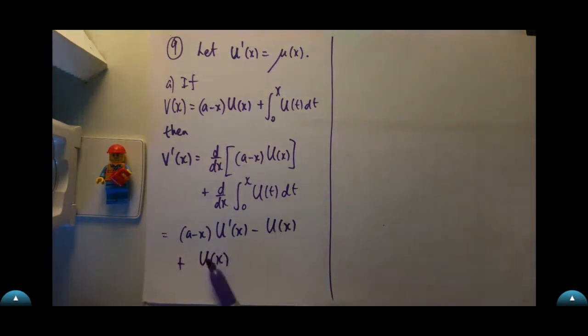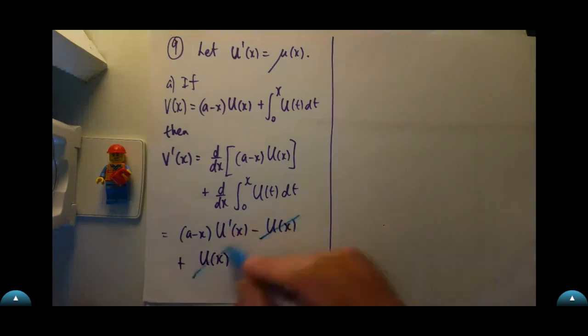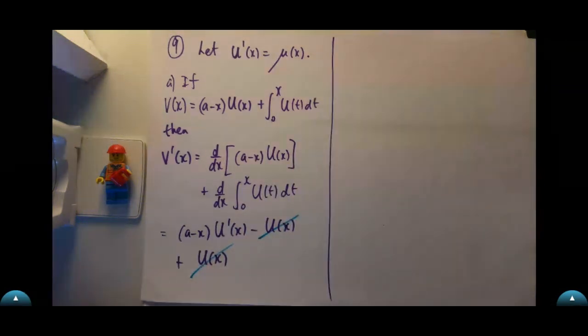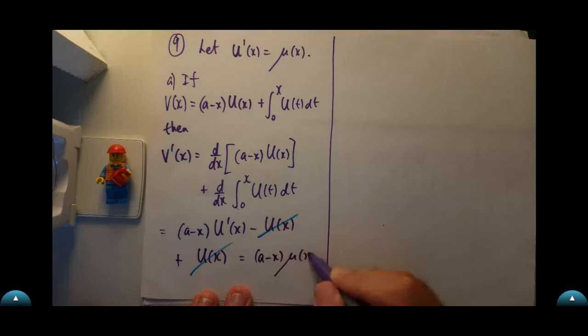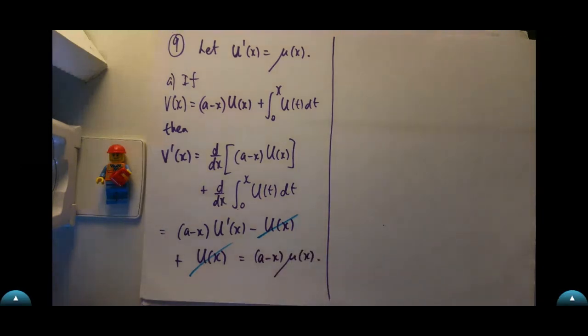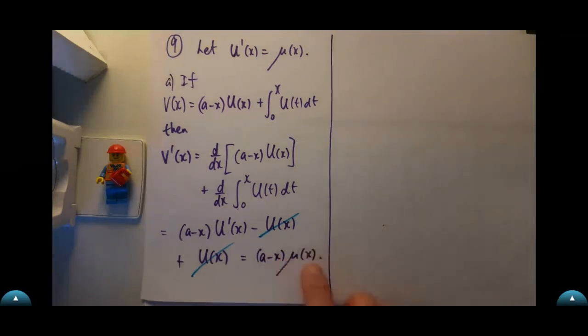You can see that and that are going to cancel. Now it's just a matter of simplifying this. Big U dash is this function here. And that's the best you can do. That's the simplest form, I think, for the derivative.